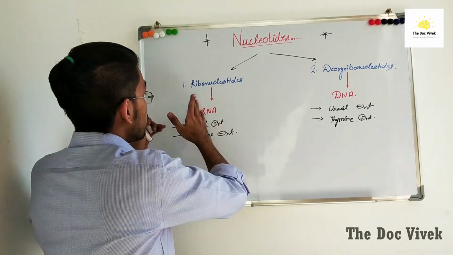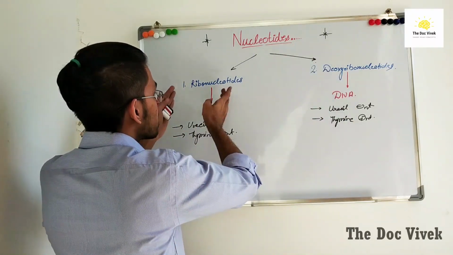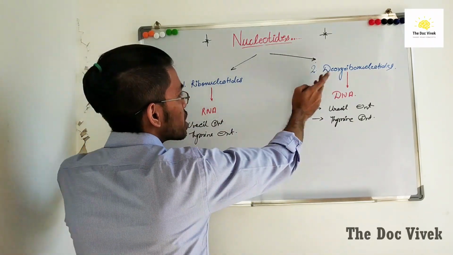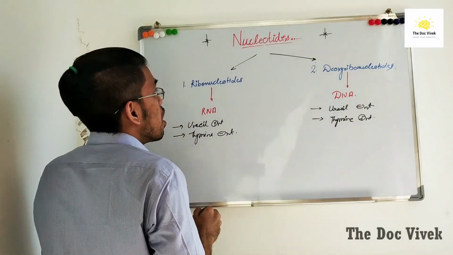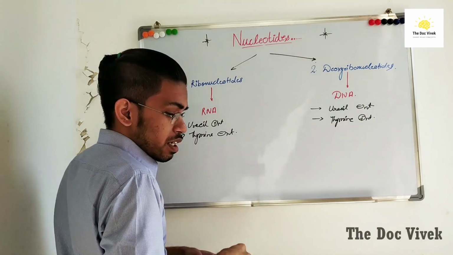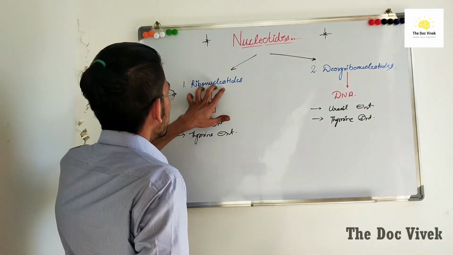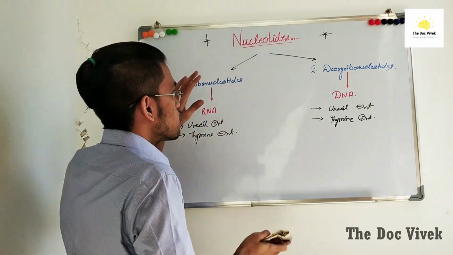So now we are going to discuss a summary table to summarize all the formations of these ribonucleotides and deoxyribonucleotides, and we will see how to name these nucleotides. Let's start with the summary table for ribonucleotides, then we will discuss deoxyribonucleotides.